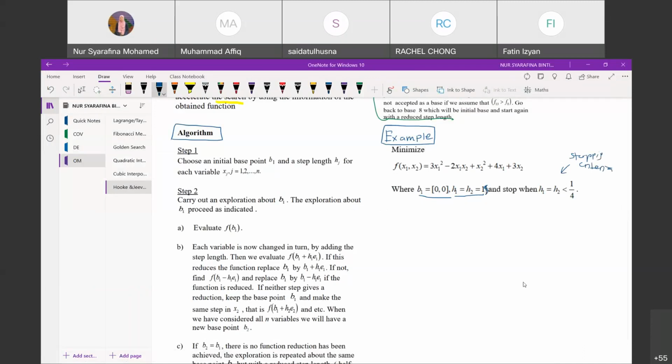So where can we start? How many variables are involved? There are 2 variables, so we should start with the exploration step from B1. Then we need to evaluate B1. Let's use a table.